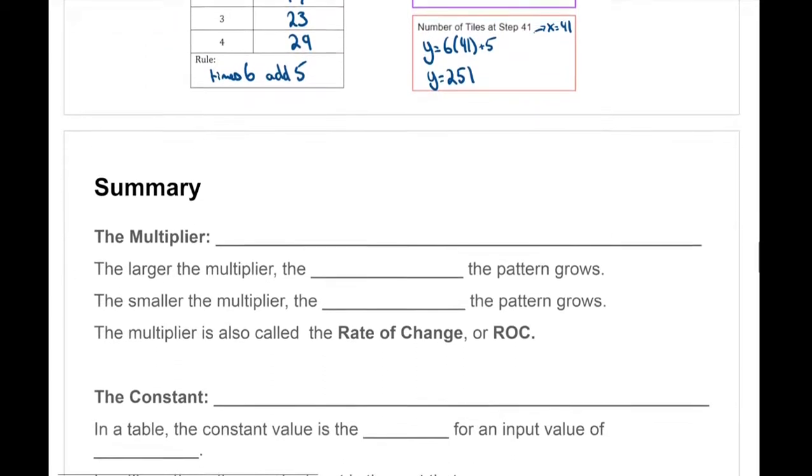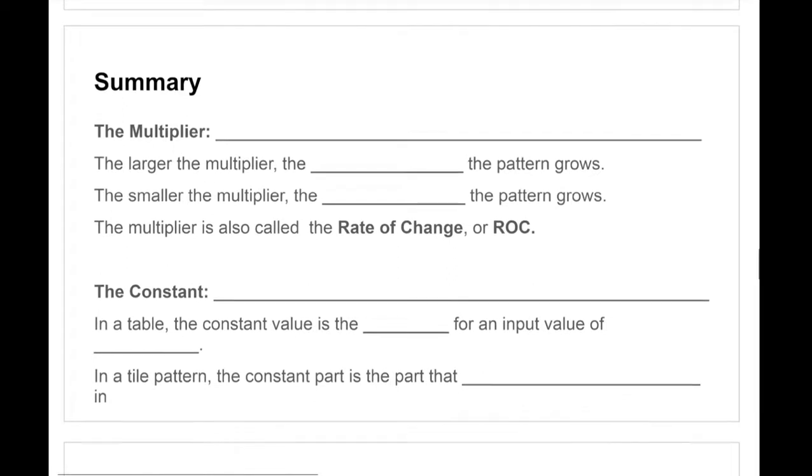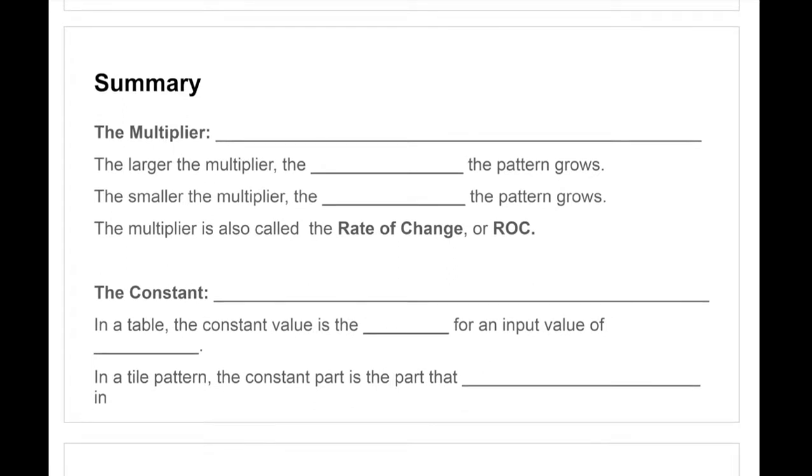Now, as a summary, there's 2 key things that we're looking at when we're going through and coming up with a rule. The first is a multiplier. The multiplier is what the pattern increases or decreases by.